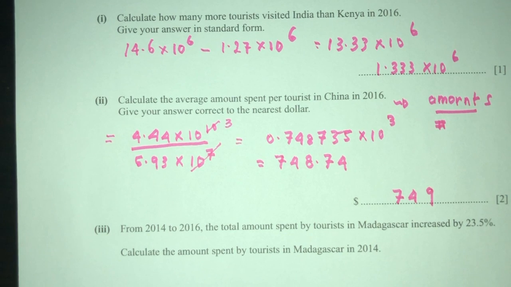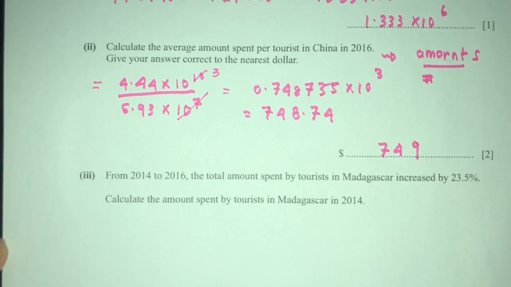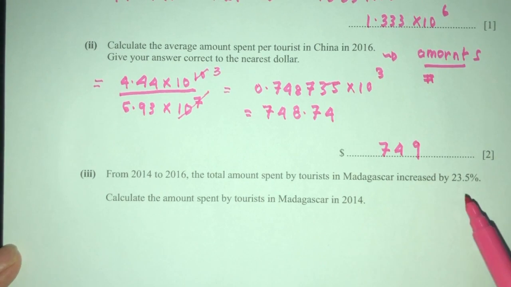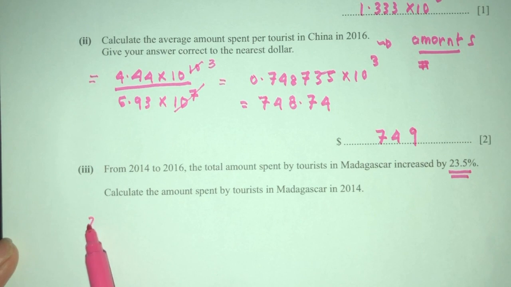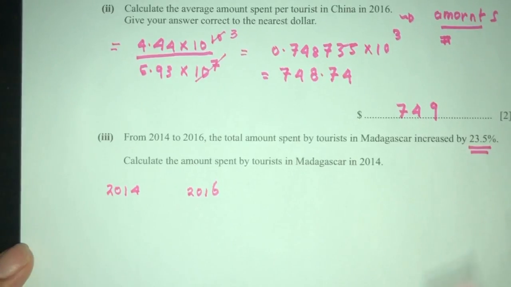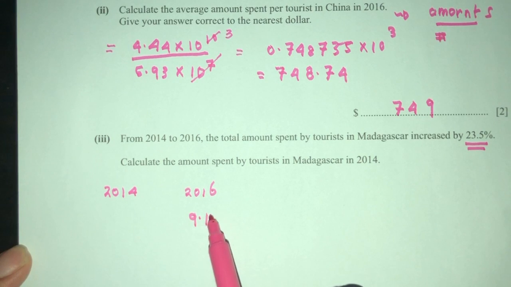Now for part 3, from 2014 to 2016, the total amount spent by tourists in Madagascar increased by 23.5%. Now we have to find the amount spent by tourists in 2014. So one by one. 2014 we don't know, but for 2016 we know the amount. The amount spent in 2016 will be this much, 9.13 times 10 power 5.